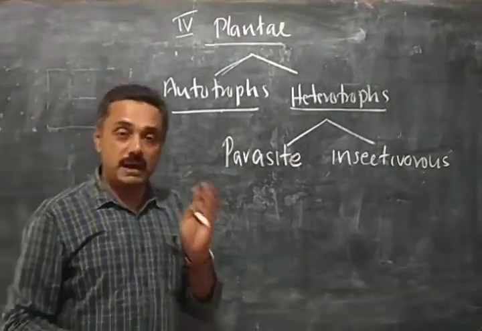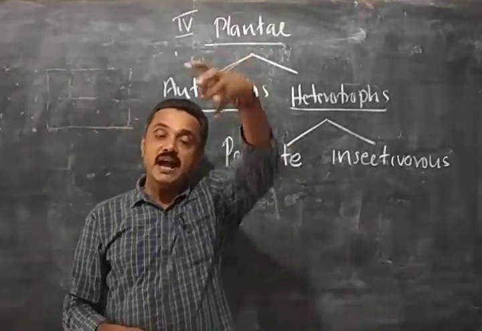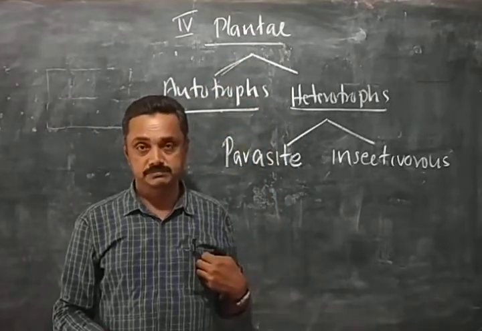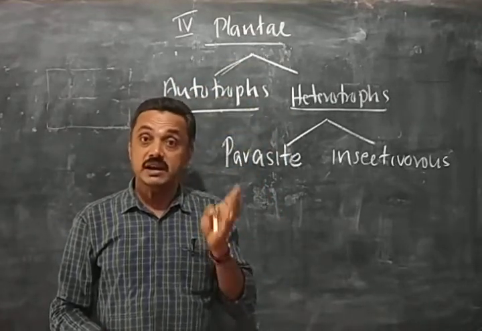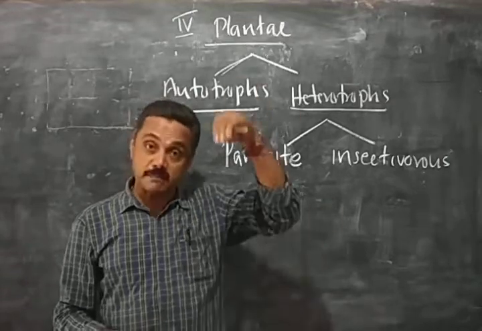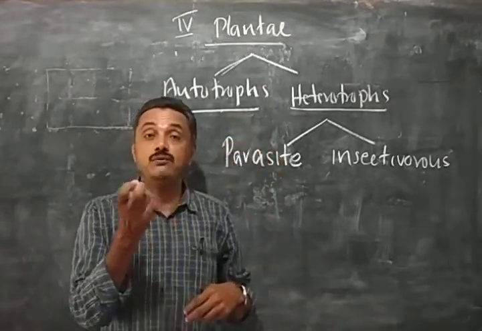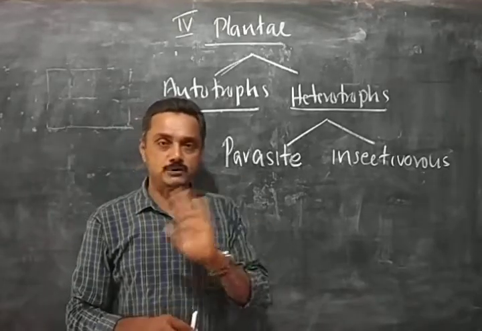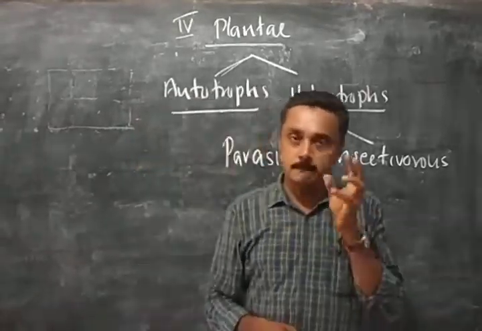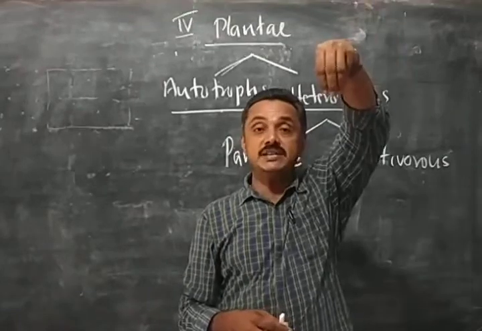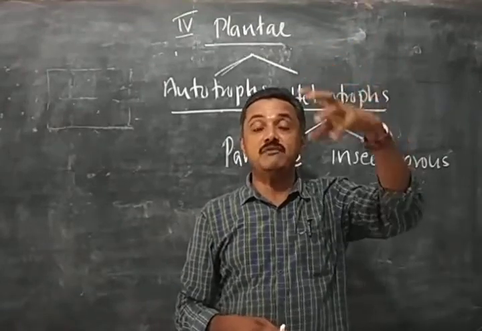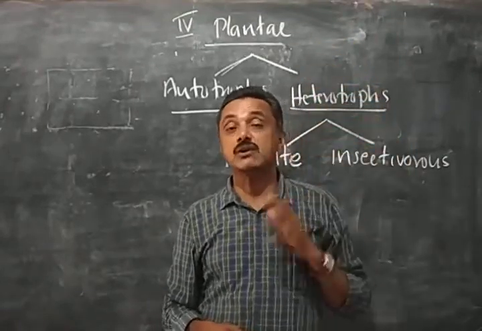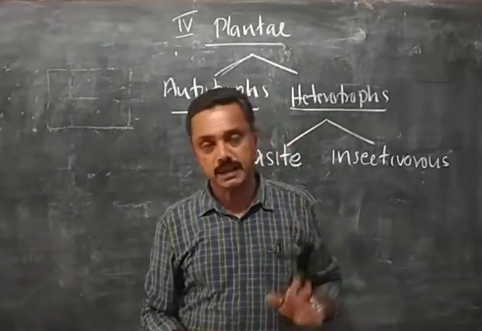Parasites means plants living on some other plants and absorbing food from them, or rather absorbing water and nutrients from them. Not absorbing food from them. Some plants which are living on other plants and absorbing nutrients and water from them are called parasitic plants.